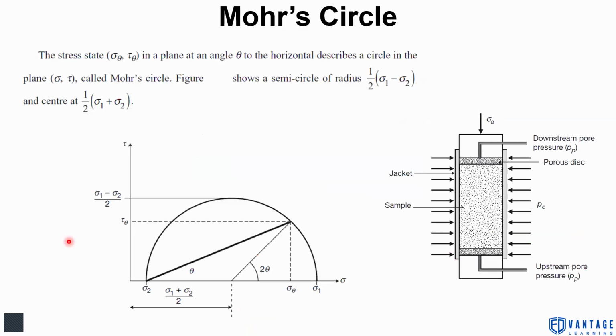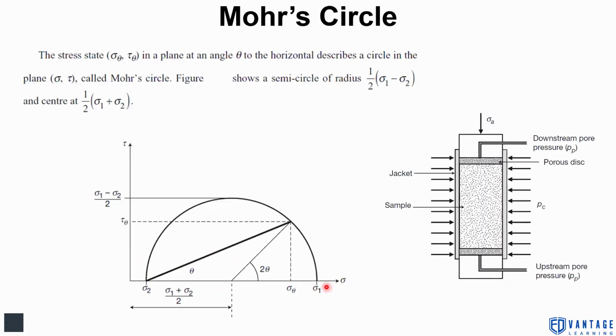So from this experiment, the main objective is to generate a Mohr circle. So Mohr circle is a very beautiful description of what's happening, where your sample is failing and what should be your safe stress state during injection of fluids like carbon dioxide in supercritical state. So what we do, we try to plot shear stress and axial stress on the x and y axis, and we get a semicircle.